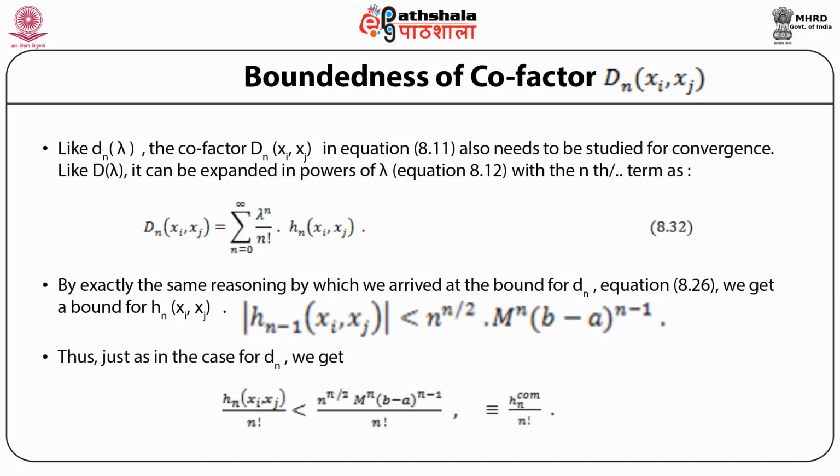Thus, just as in the case of D_n, we get H_n(x_i, x_j) divided by n factorial is less than n^(n/2) M^n (b minus a)^(n-1) by n factorial, which is equivalent to the term in the comparison series H_n comparison by n factorial. We introduce a comparison series instead of the series which we have in the equation.